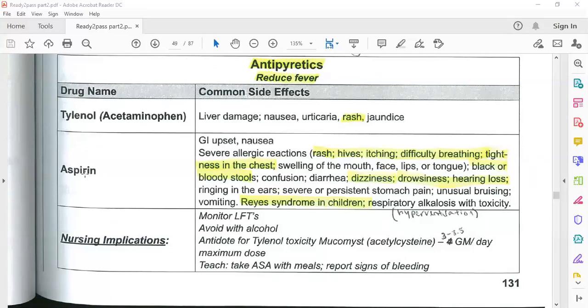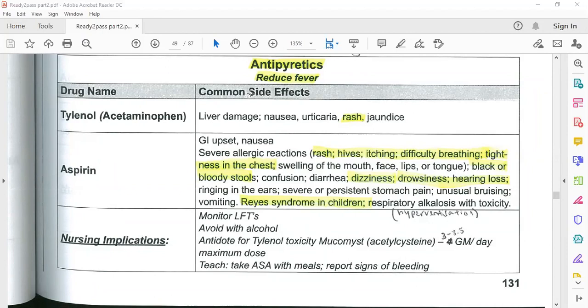So if I ask what are the indications of aspirin, you can say we use it as an antipyretic and as an analgesic. Aspirin is basically the drug of choice for mild to moderate type of pain or arthritis because of gout or rheumatoid disease, and low-dose aspirin we use for heart disease as a blood thinner.